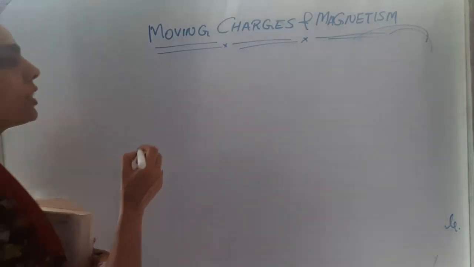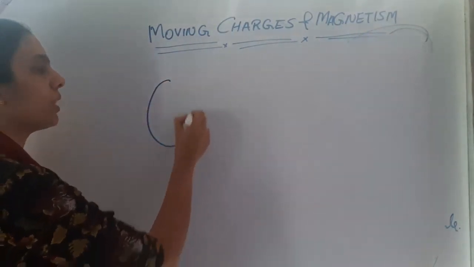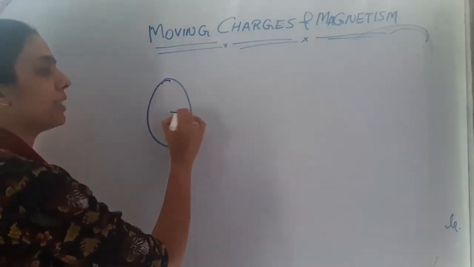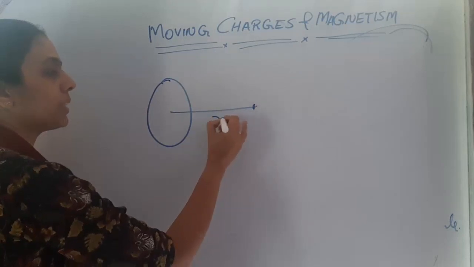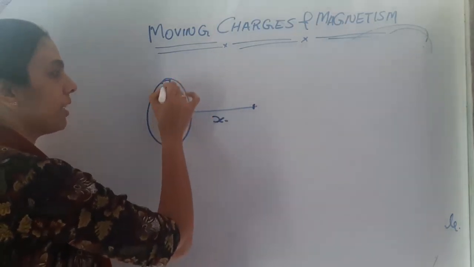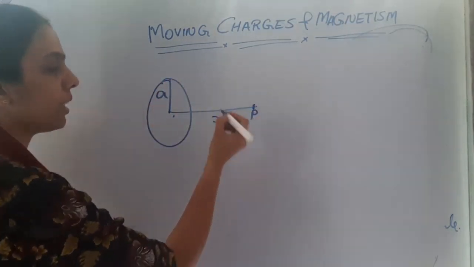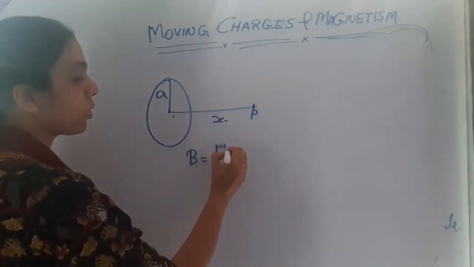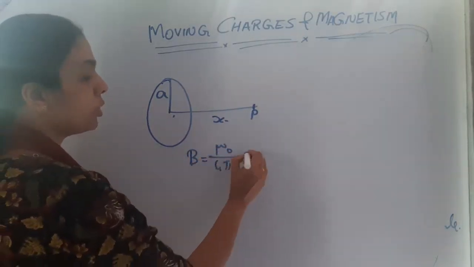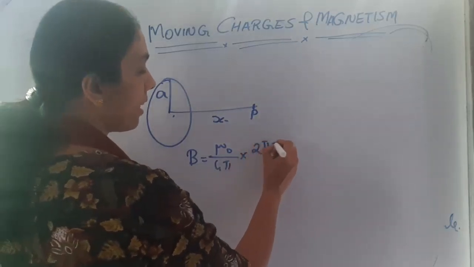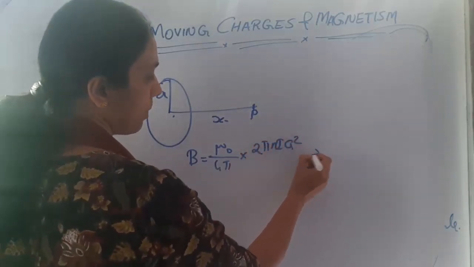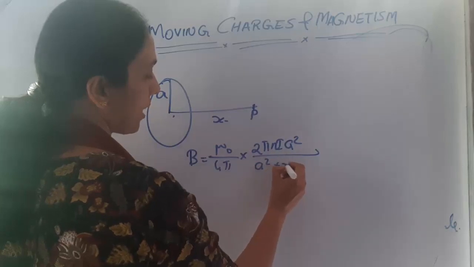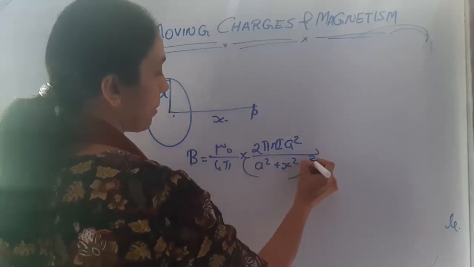Now we discussed the current carrying coil with a point P at distance x from the center. What was the magnetic field? B will be equal to mu 0 by 4 pi into 2 pi Ni a square divided by a square plus x square the whole power 3 by 2.